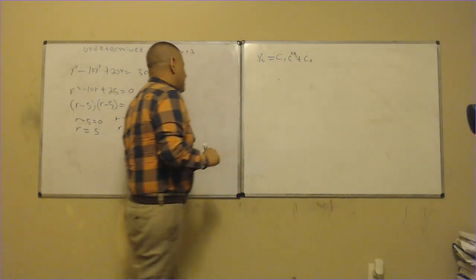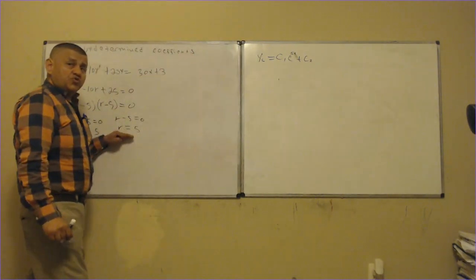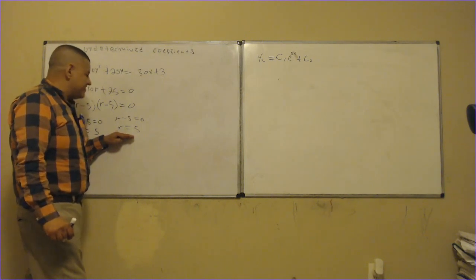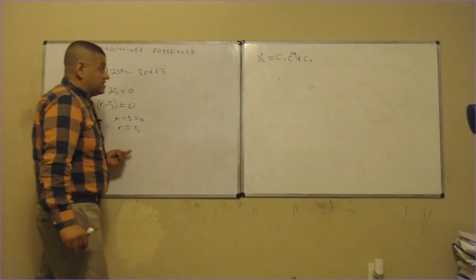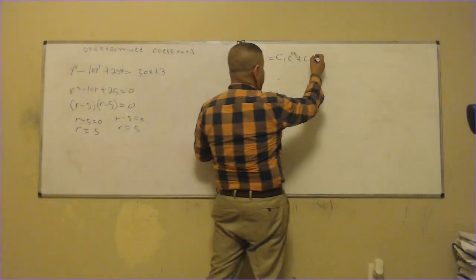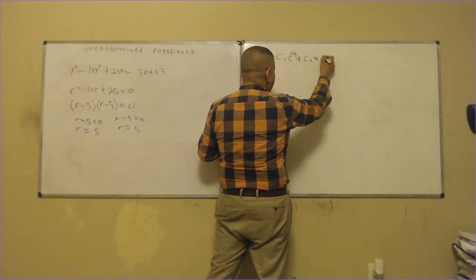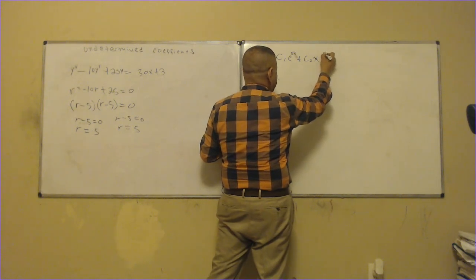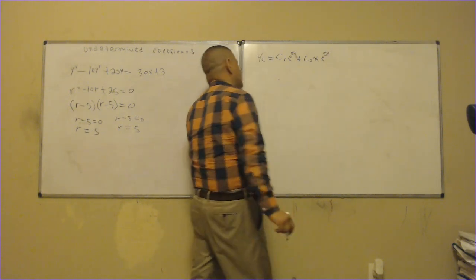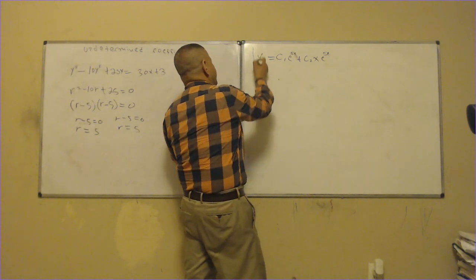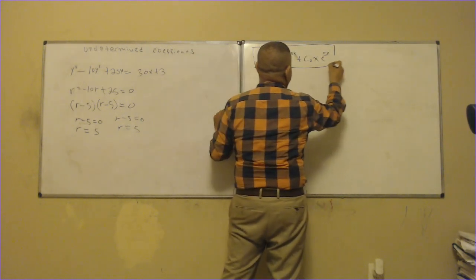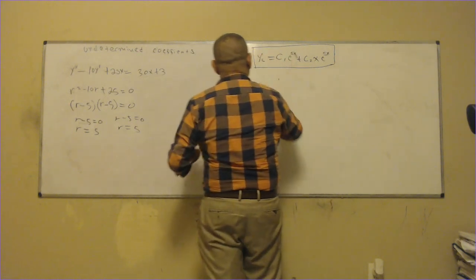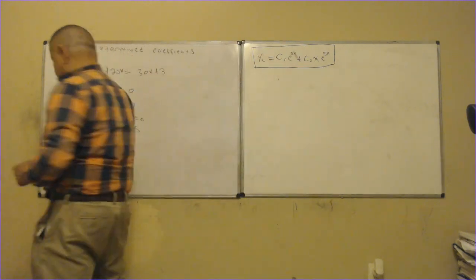Now for C2 I have to be careful because I have two roots that are the same. Exactly, two roots that are the same. So therefore, I have to add another x, multiplying the exponential e to the 5x. So this is my first step. I found what is called the complementary solution.